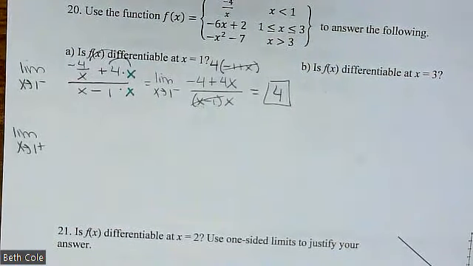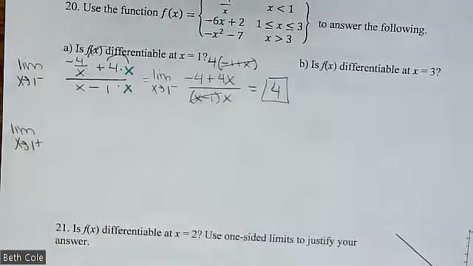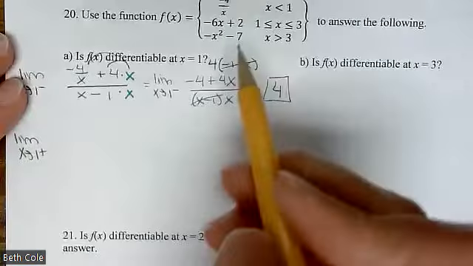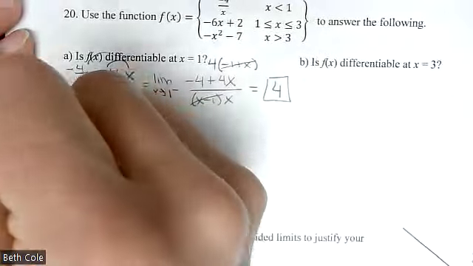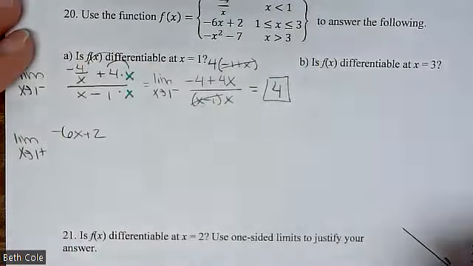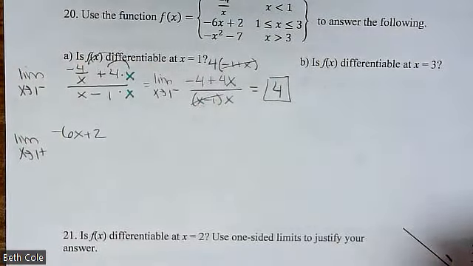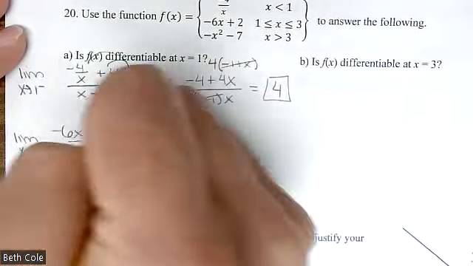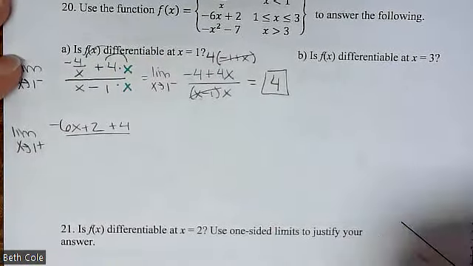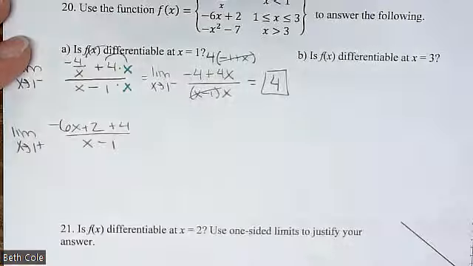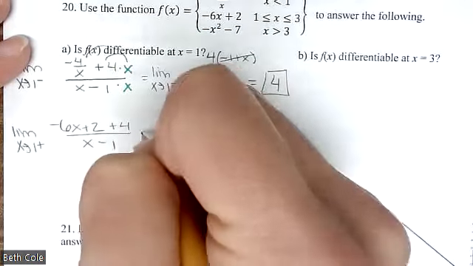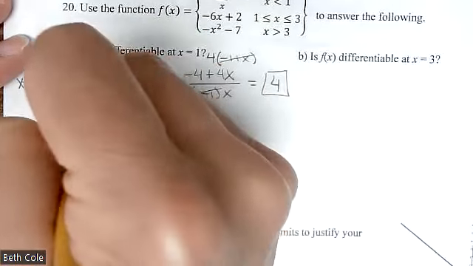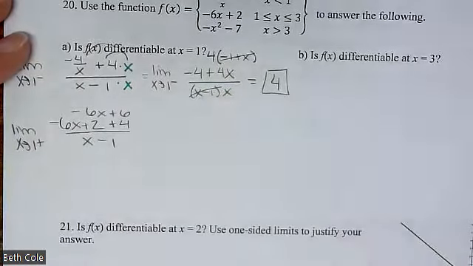All right, and then same thing, limit from the right. You guys tell me, what's the first thing we're gonna have to put there? Yeah, the equation, negative 6x plus 2. Good, it would be minus negative 4, so plus 4 over x minus 1. Cool. So that would be a negative 6x plus 6.